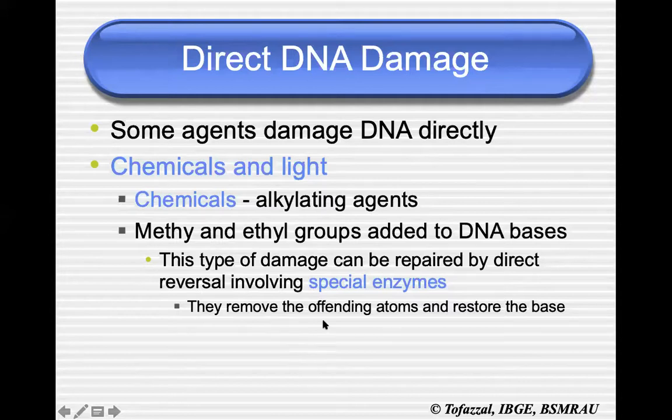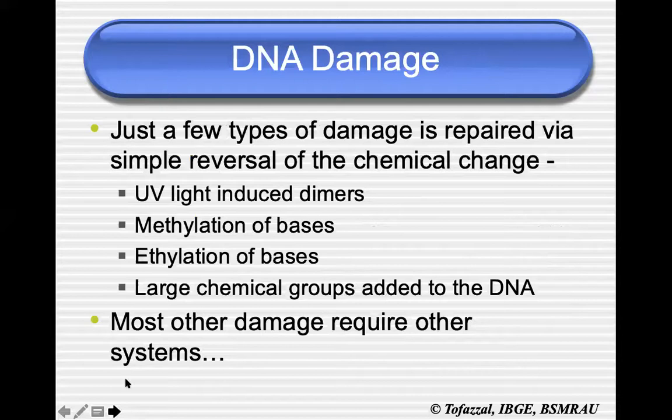They remove the offending atoms and restore the bases. So just a few types of damage are repaired by a simple reversal of the chemical changes, like UV light induced dimers, methylation of bases, and ethylation of bases. These are the damages. How many types of damage can take place?